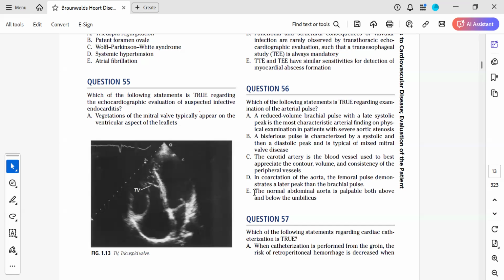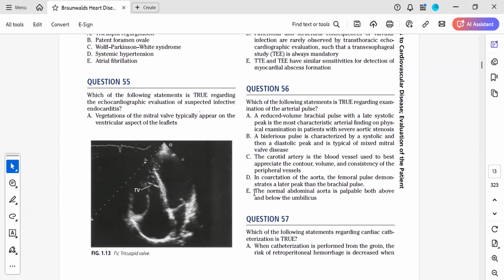The brachial artery, like you said, is for volume and consistency, but the carotid artery is actually best to assess the contour because it's the most similar to the aorta. So that option is actually false. Thank you so much. Yes, I got it.